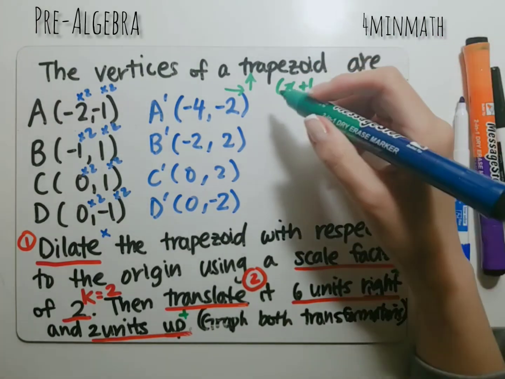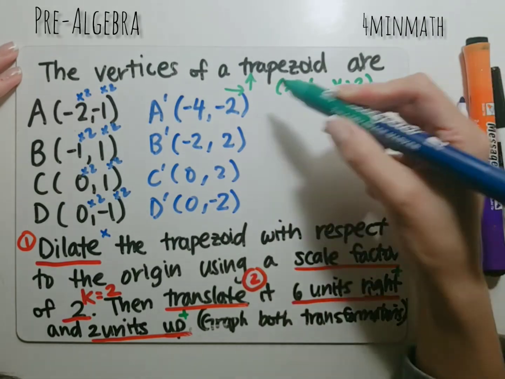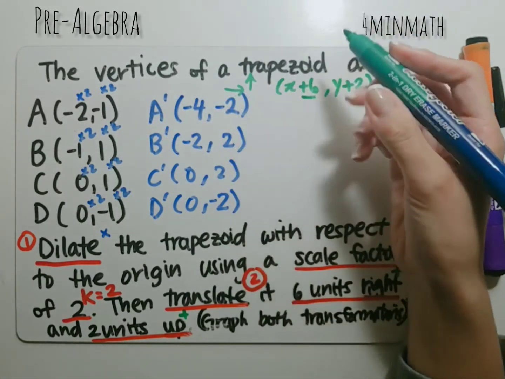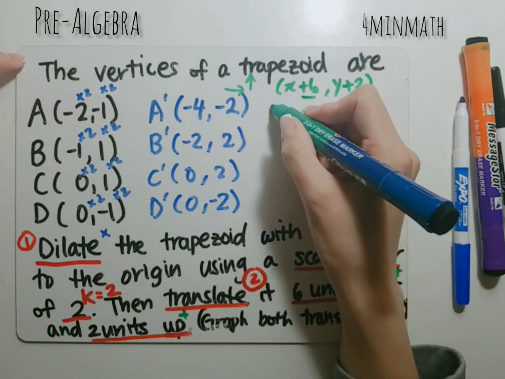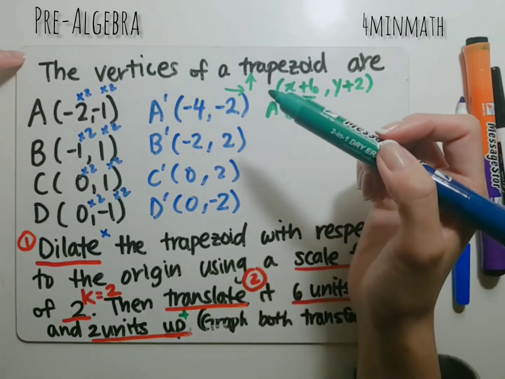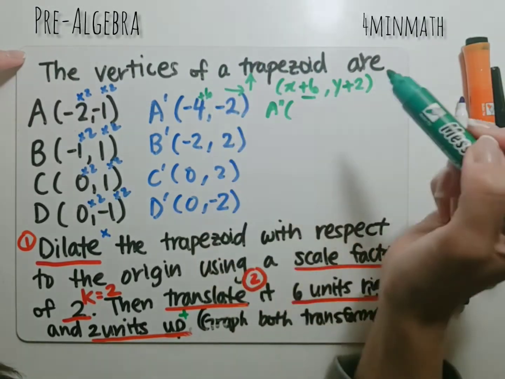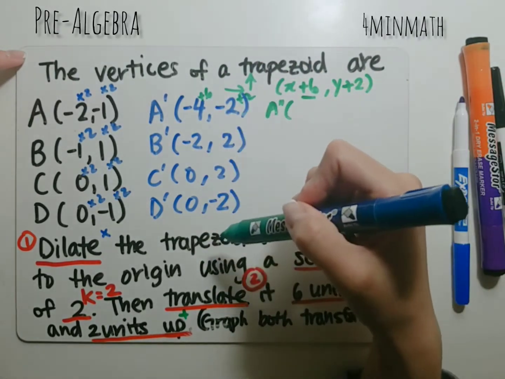So what are my coordinates? I'm going to add 6 to all my x's, add 2 to all my y's. So let's do that. A double prime now, because this is a second transformation. A double prime is x +6 and then y +2, and so on and so forth here.